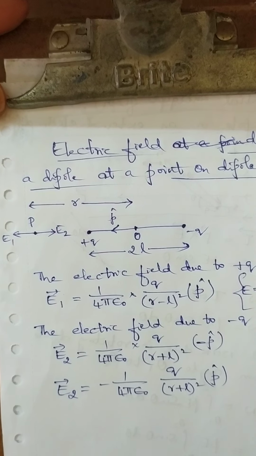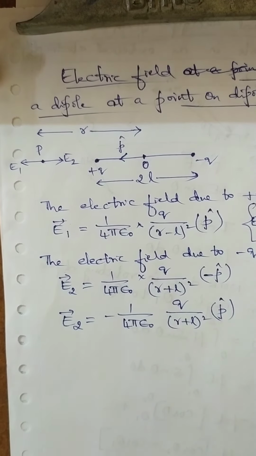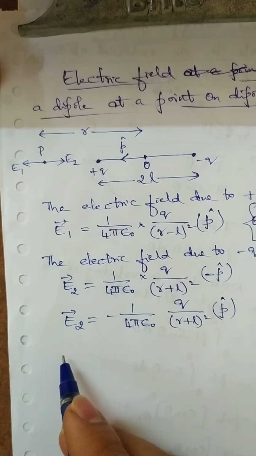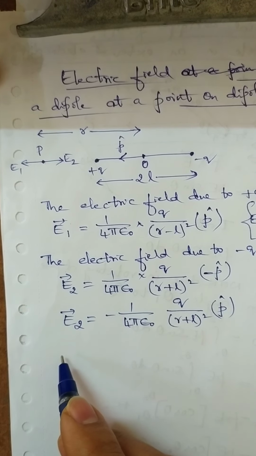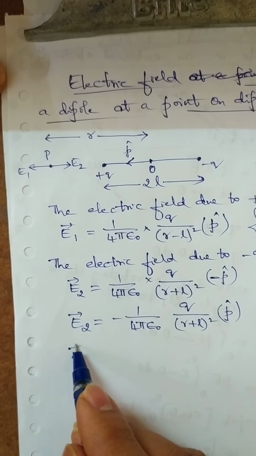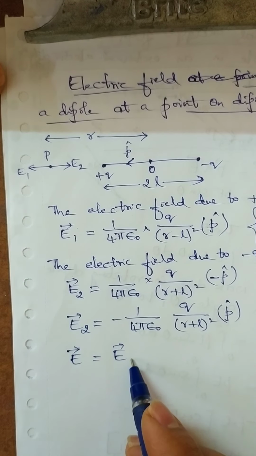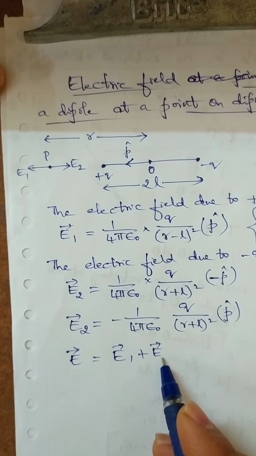So this is regarding vector E1 and vector E2. Now, to find the total electric field, vector E is equal to vector E1 plus vector E2.